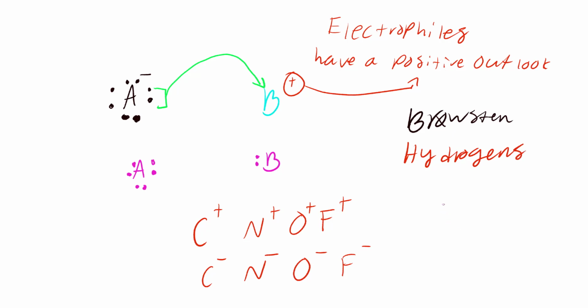So, for instance, you would have what? An OH negative reacting with some water, right? It would react. You would end up getting H2O and then another OH, right? That would be like the product.